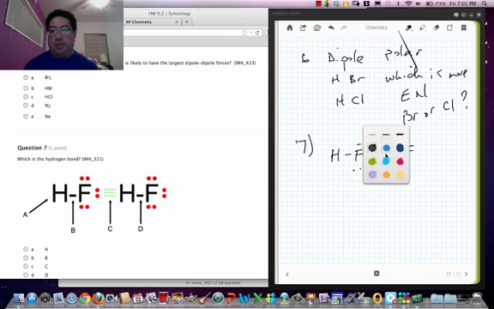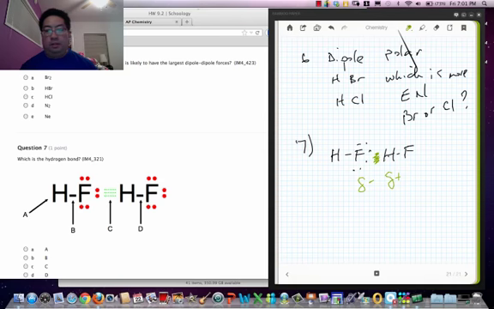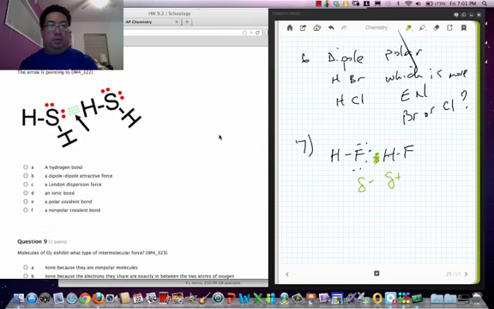The hydrogen bond is actually this area here. There's an attraction between this H and these unshared electrons, because remember, F has a slightly negative polar charge, and this H here has a slightly positive polar charge, which attracts them together. Okay. All right, moving on to number 8.